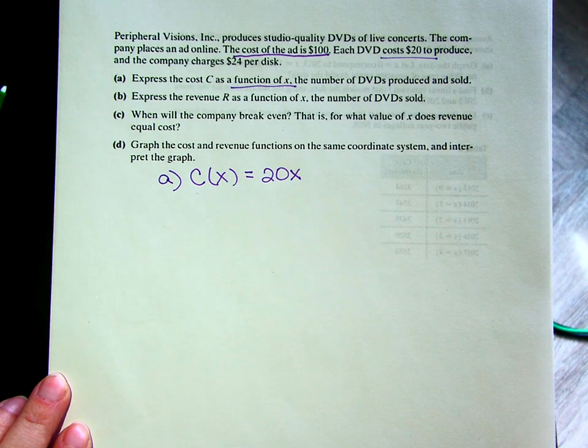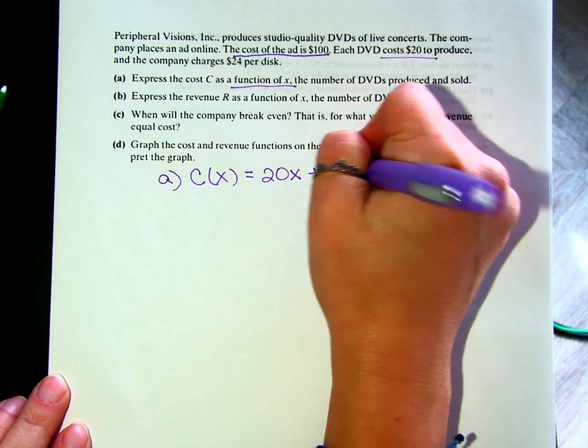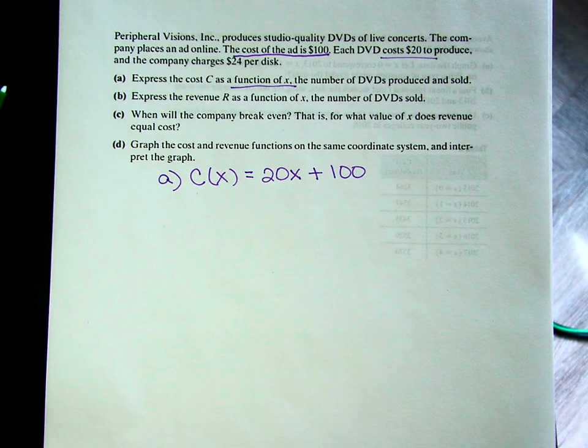So we're going to put plus 100. So if the company only sells one DVD, it costs them $120 to produce that DVD. If they sell two DVDs, it's $140, and we can keep finding how much the company is going to incur in costs as they are making their DVDs.